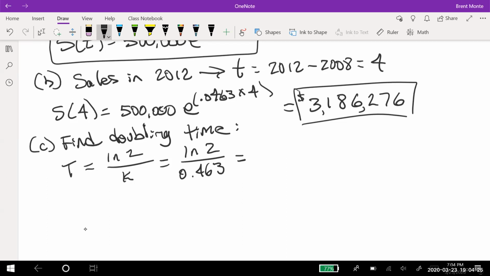In my calculator, that's about 1.497, about 1.5 years. So every year and a half, they double their sales. That is the kind of stock you want to invest in.